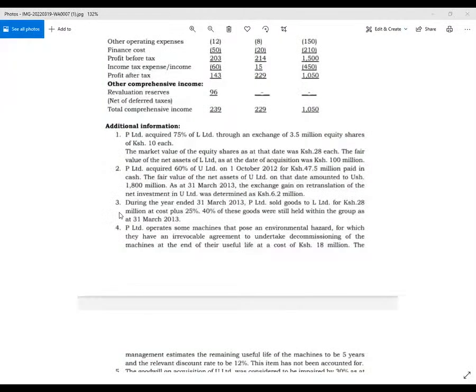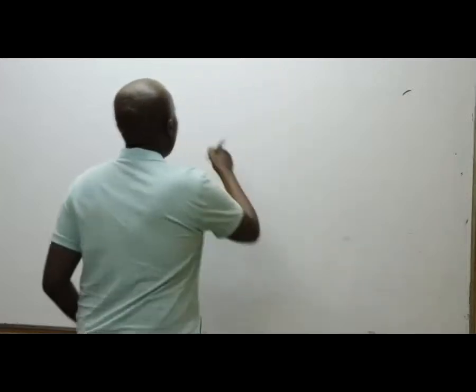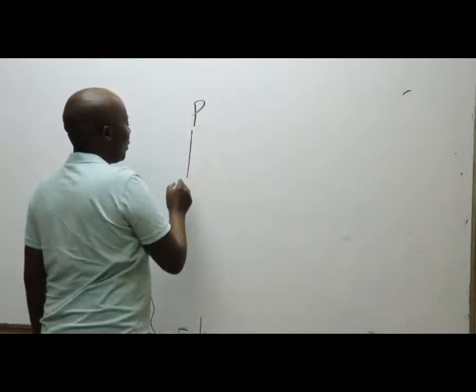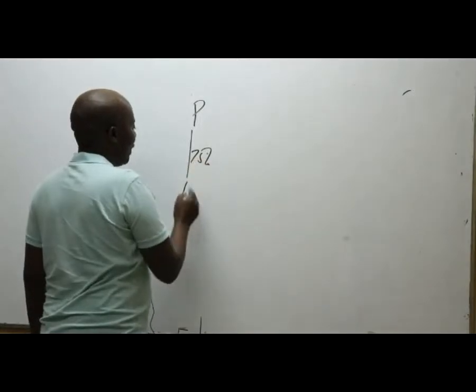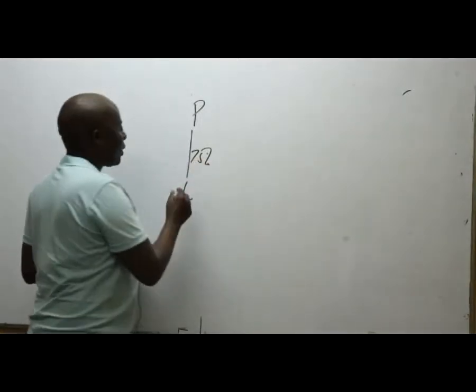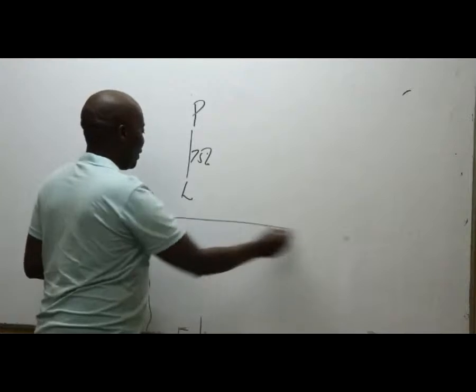How about L? For L, we have to be careful. We are told in note number 1 that we acquired 75% of L. So we have P here, which acquired 75% of L. Good subsidiary. Which dates are we looking at here?